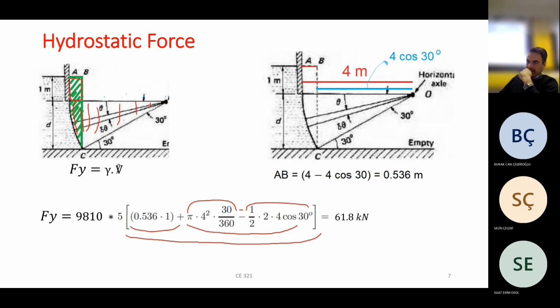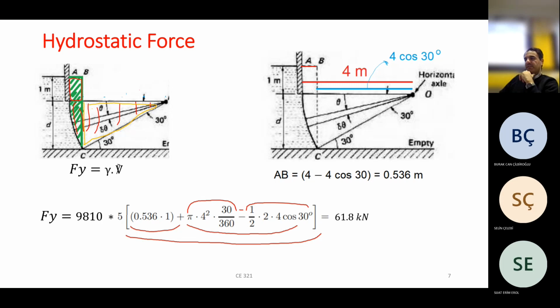Minus, to find this segment, what should I do? Let's show it with this color. I already calculated this sector of the circle. Then I should remove this part, this orange part.